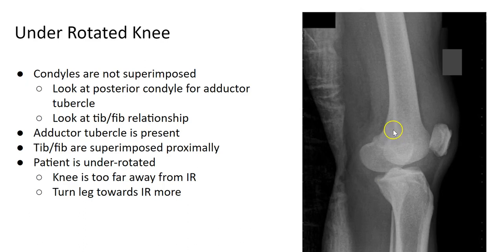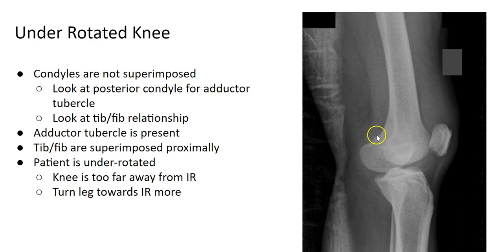Notice one condyle is sticking more posterior than the other. So I always look at the posterior condyle. What I'm looking for is the presence of the adductor tubercle. And once you label your bones, you'll know that the adductor tubercle is a small bump found on the medial femoral condyle.